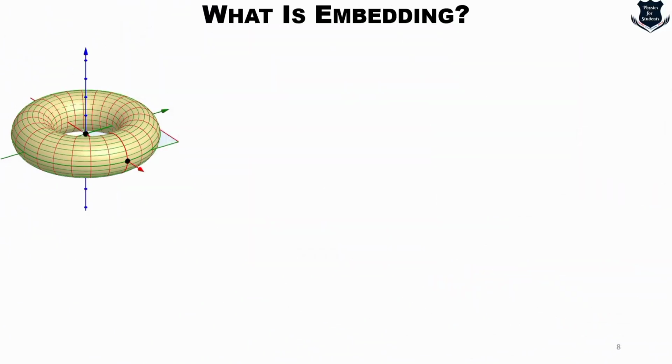So for example, we could take a torus, which sits in R3. If you want to describe it in terms of mathematics, it is not always very simple.